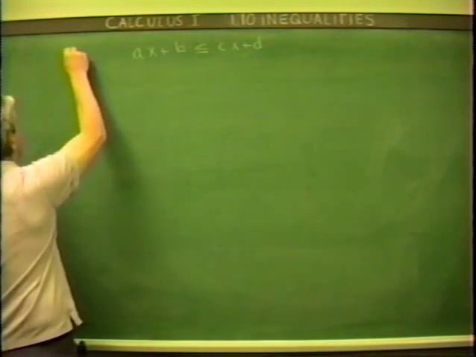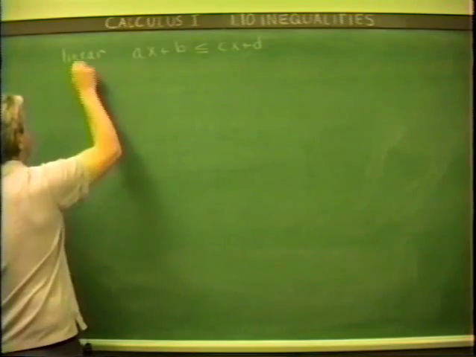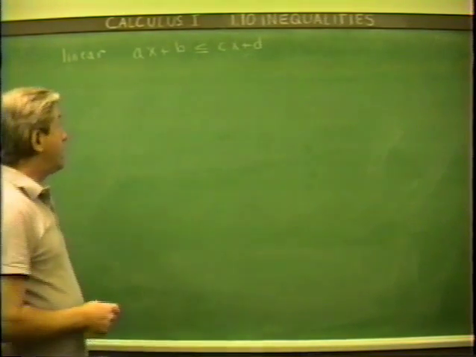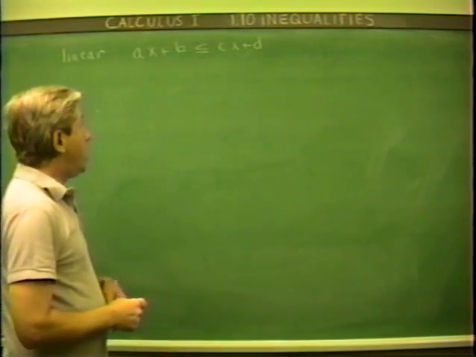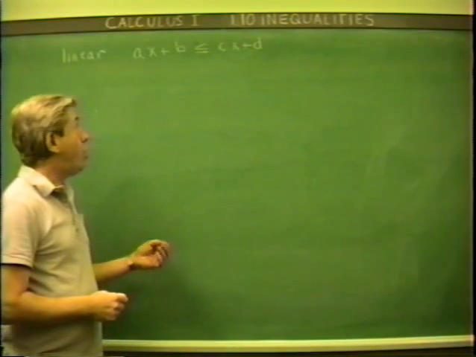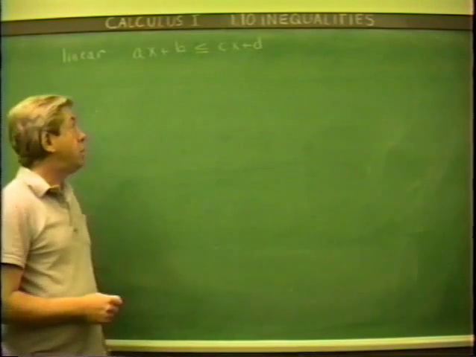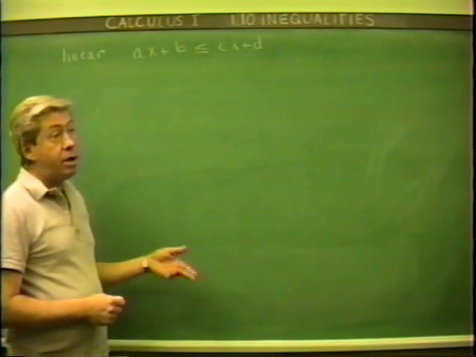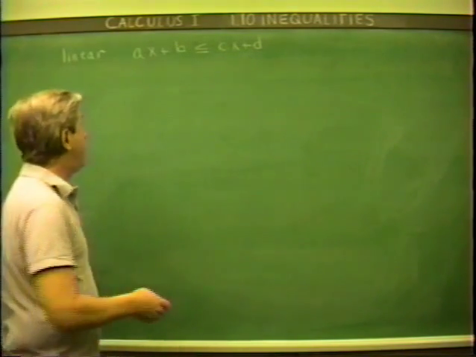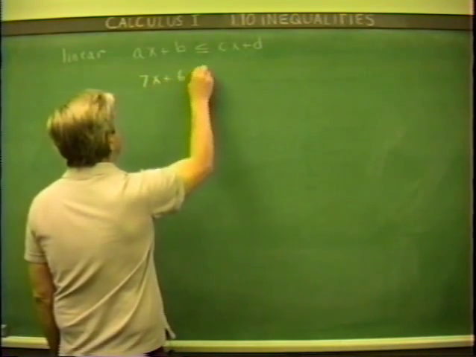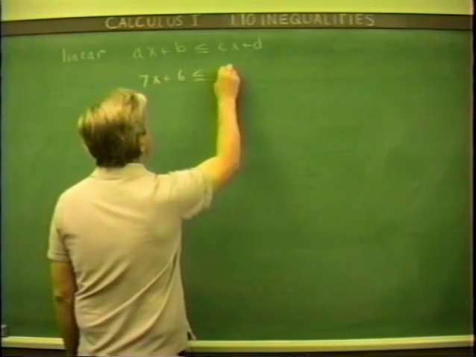If this was an equal sign here, then this would be a linear equation. So these are linear. These are the easiest to deal with. And one simply has to be aware of the fact that you can add or subtract any quantity to both sides of an equation or an inequality, but if you multiply an inequality by a positive number, it remains the same, but it is reversed if you multiply it by a negative number.